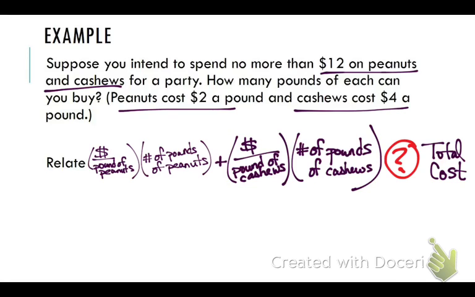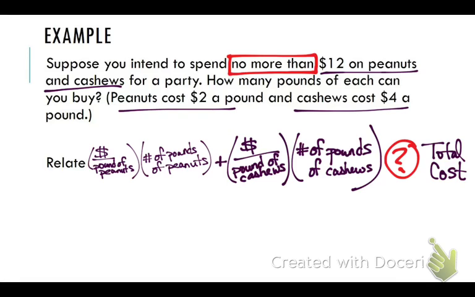If you have a color, use a color here. Now that you've got your color, I want you to highlight the key word or the key phrase, no more than. So this right here, whether you highlight it, box it, or whatever, I need it to stand out because it does not say exactly. It says no more than.